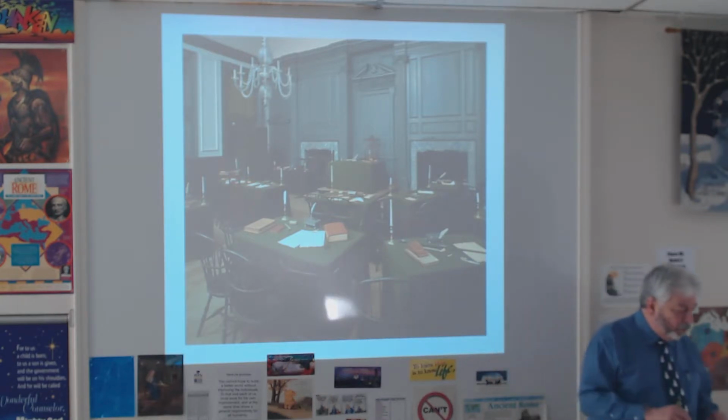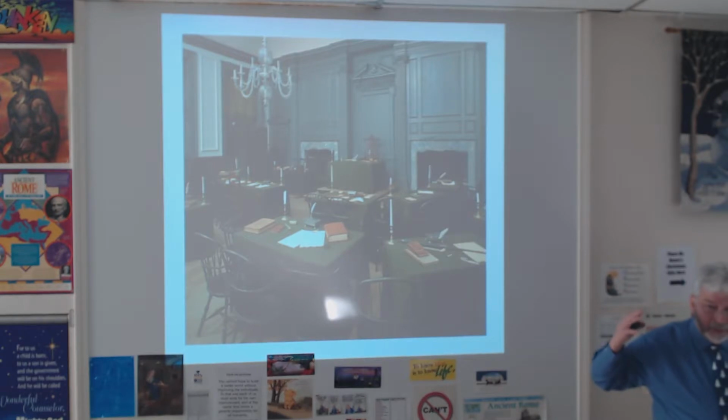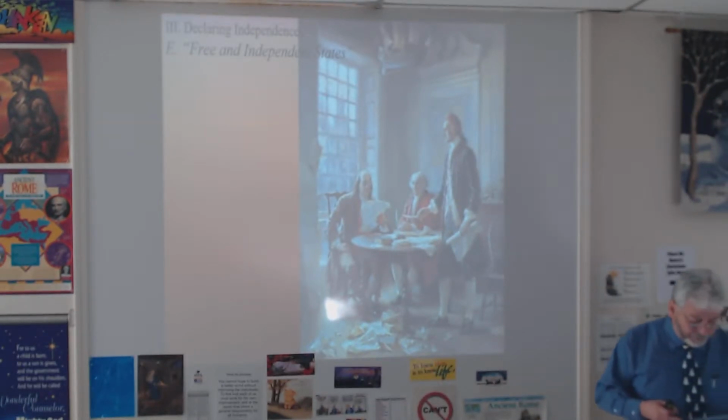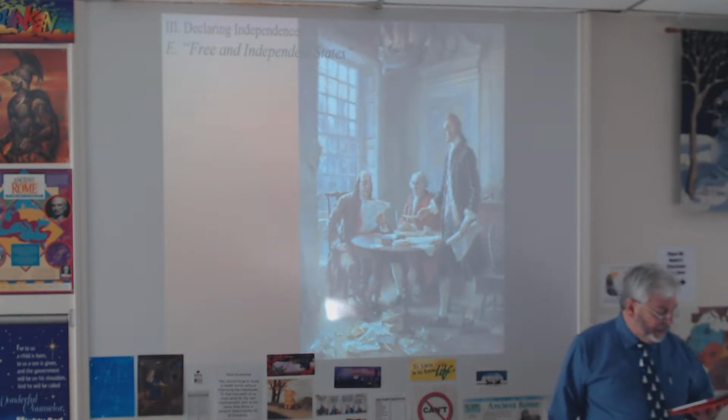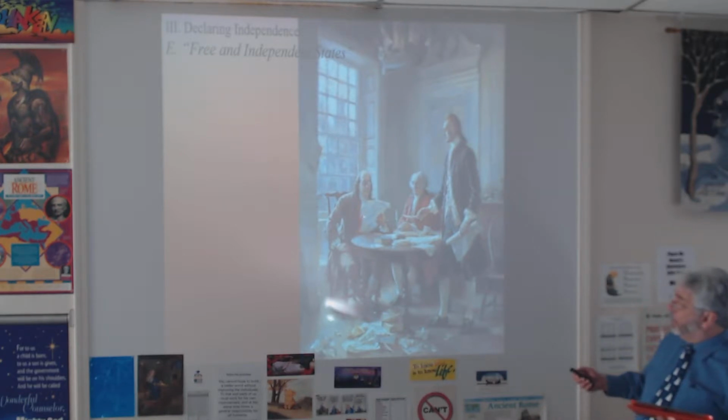And so a committee was established in order to draw up a declaration of what they were attempting to do here. The committee was made up of John Adams, Benjamin Franklin, Roger Sherman, Robert Livingston, and Thomas Jefferson. Three of them are pictured here. Franklin, you recognize, I hope, Adams, and Jefferson.